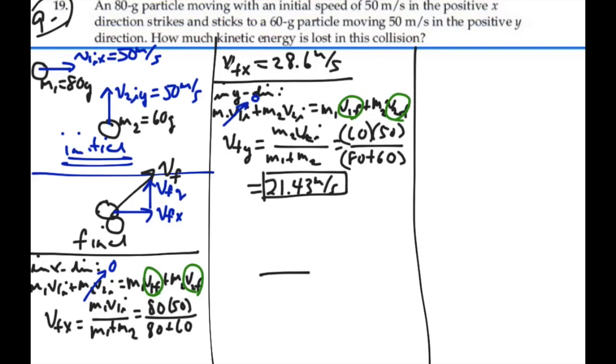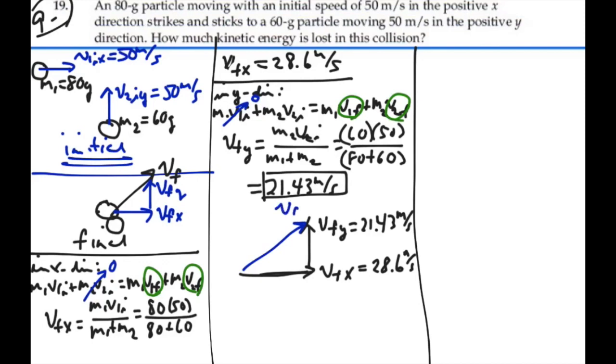So we have these two velocities, v final x, which is 28.6, and then v final y, which is 21.43 meters per second. And they comprise our v final.